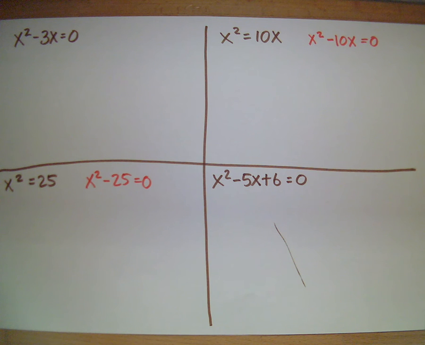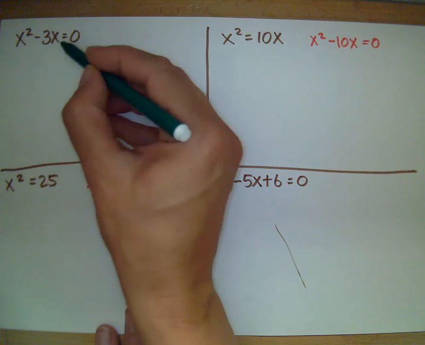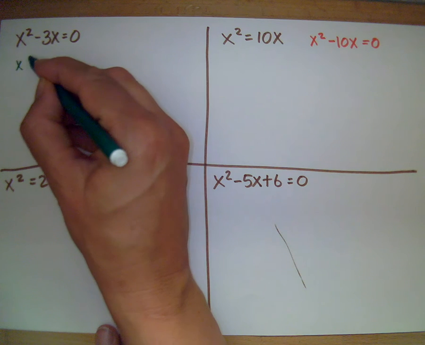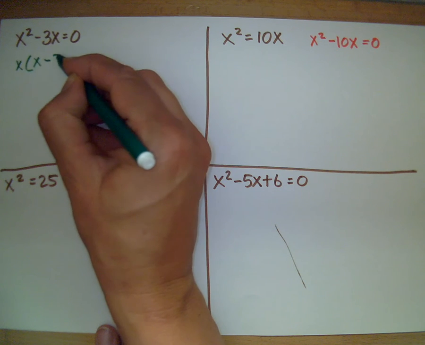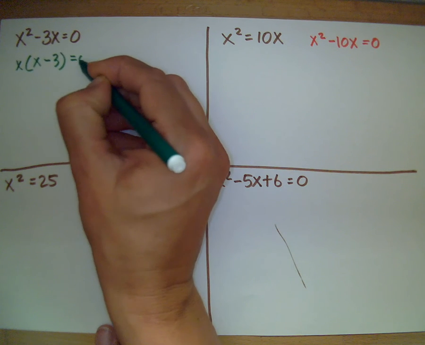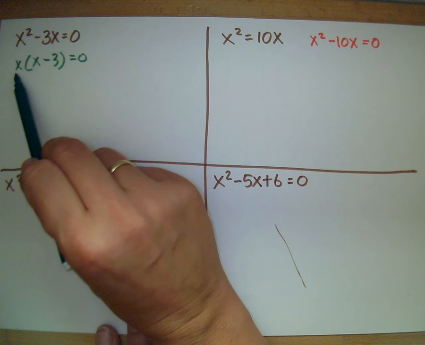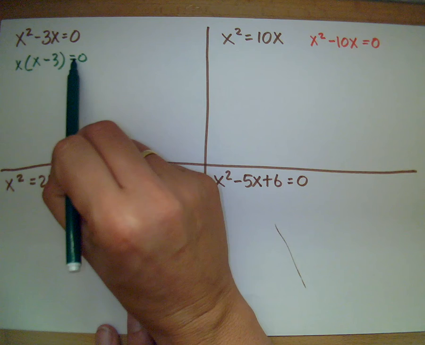And like the title said, we're going to use factorization to solve these. So let's factorize this. We can pull out an x. The highest common factor here is x. Yes? This times this is equal to 0.